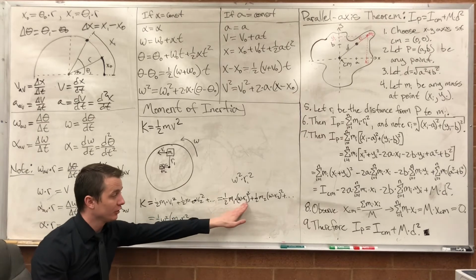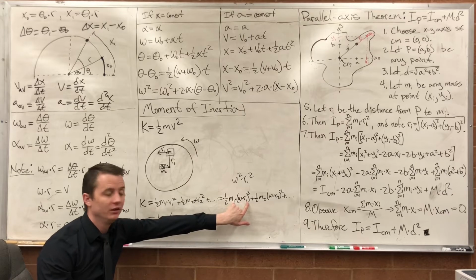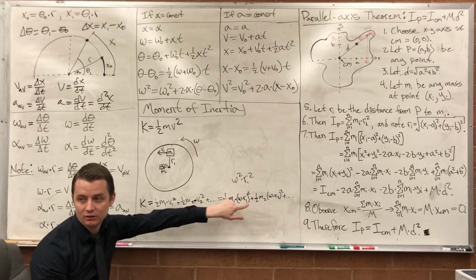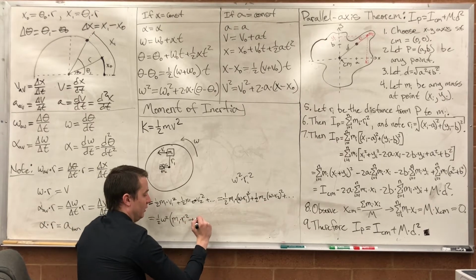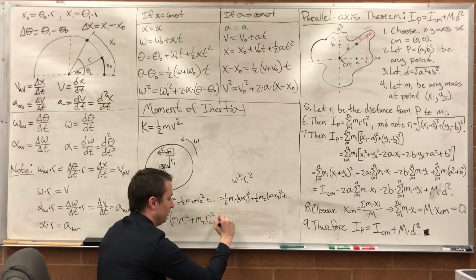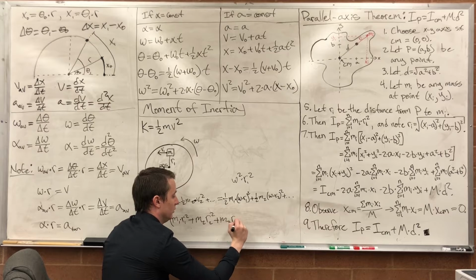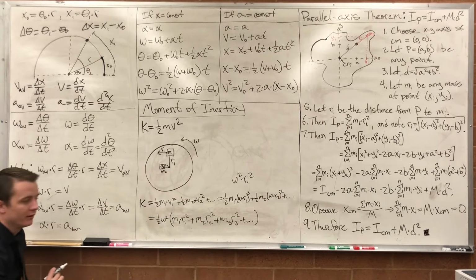So, when I factor out of this a 1/2 omega squared, I'm left with an m1 r1 squared, right? And then plus, for this one, I'm left with m2 r2 squared. And then we have plus m3 r3 squared, plus, etc. You with me? Yeah.